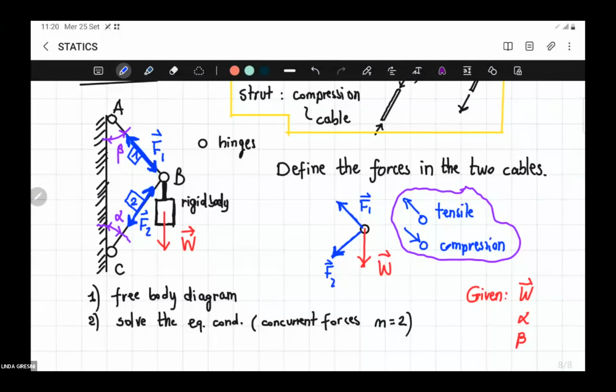If the result will be a minus, what does it mean? Yes, it means that your assumption was wrong. So you had to choose the opposite direction. And then you can also understand if your cable is in tensile state or in a compressive state.